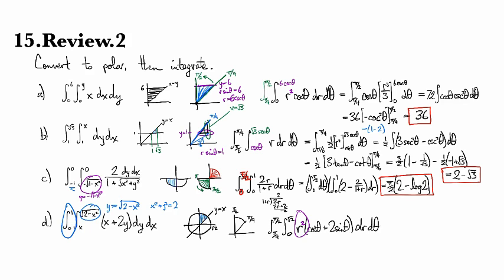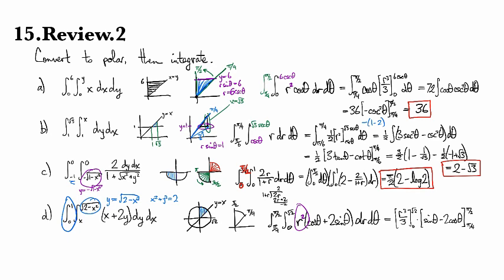And so this one we can fubinate, and this is going to be r cubed over 3 from 0 to root 2, times, and then we can integrate cosine and get sine minus 2 cosine theta from pi over 4 to pi over 2.